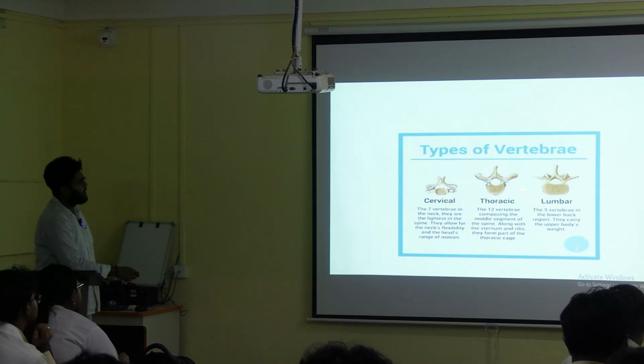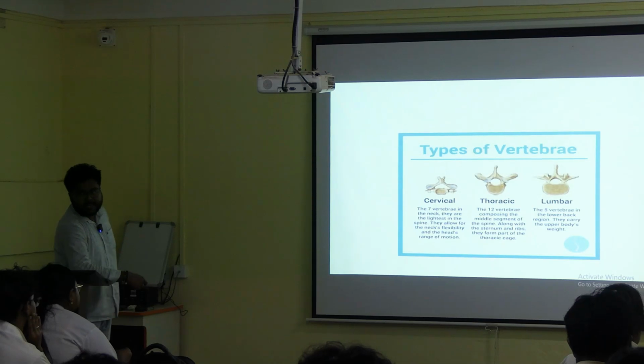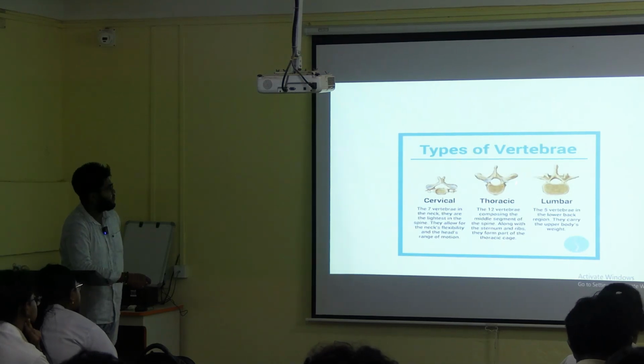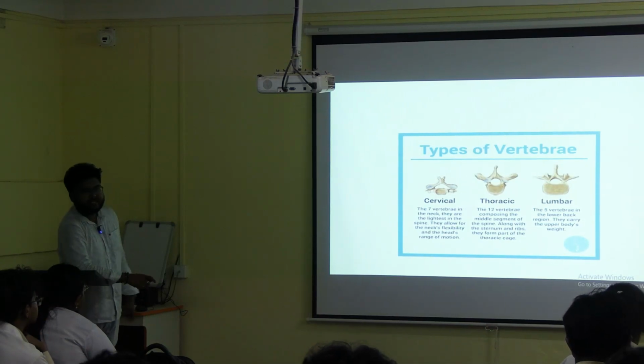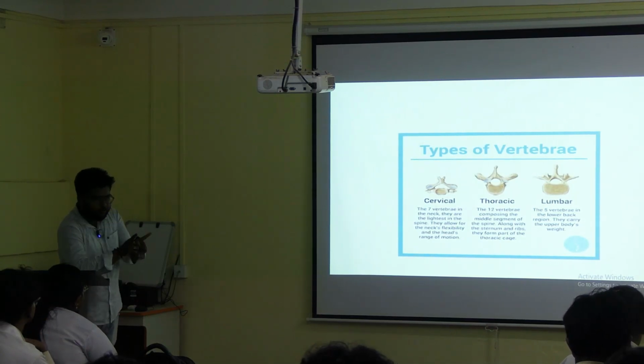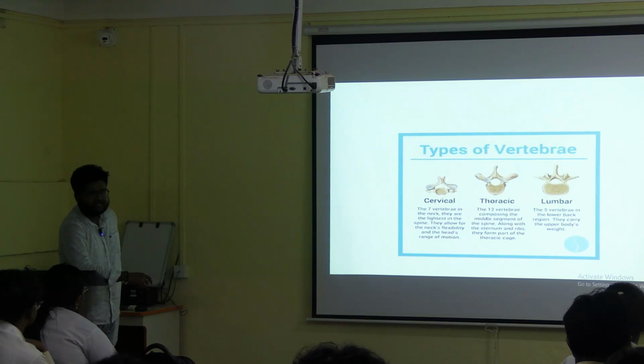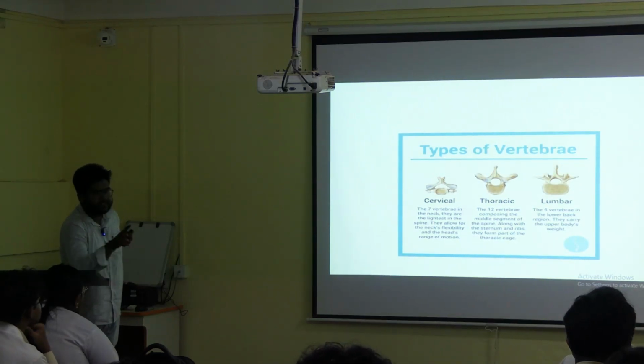In the cervical and lumbar, the vertebral foramen is triangular in shape, but in the thoracic it is oval in shape. Next the spine. In the cervical the spine is bifid, meaning divided into 2 parts. But in the thoracic and lumbar there is one spine, which is directed downward, inferiorly.